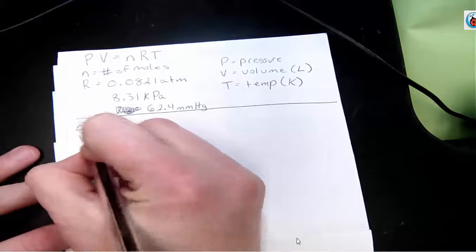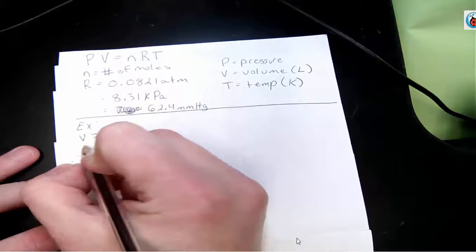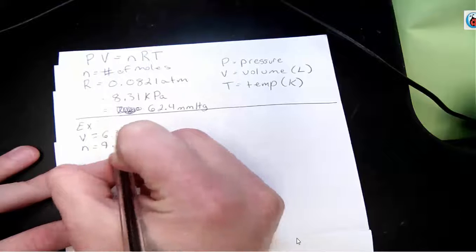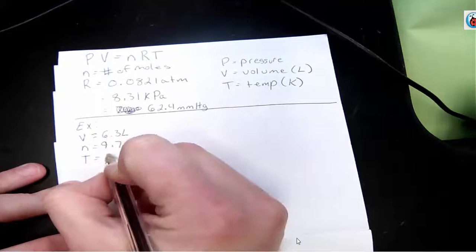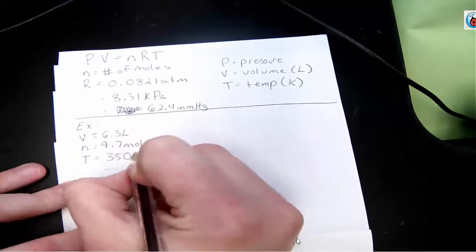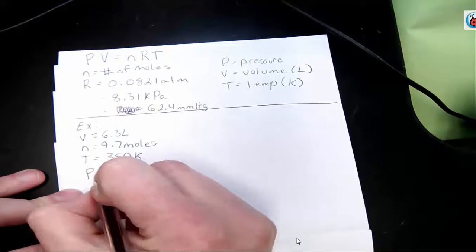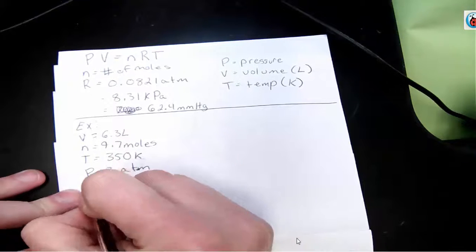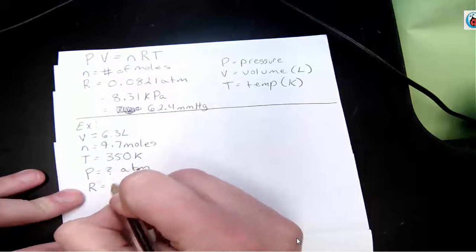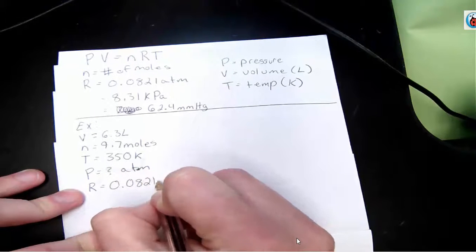So let's say you have a volume of gas at 6.3 liters. You have 9.7 moles of that gas at a temperature of 350 Kelvin. What is the pressure in atmospheres? Of course, we'll be using the gas constant 0.0821 atmospheres.